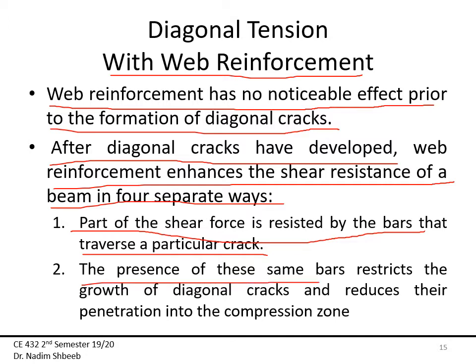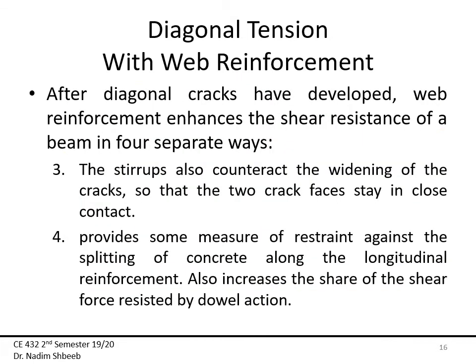The presence of the same bars restricts the growth of diagonal cracks and reduces their penetration into the compression zone. Like they will prevent the cracks from developing further and moving to the compression zone. So they will resist the crack. They will prevent it from moving to the compression zone.